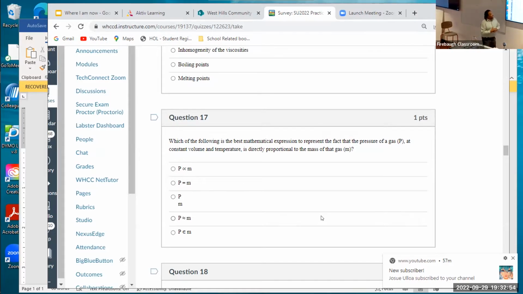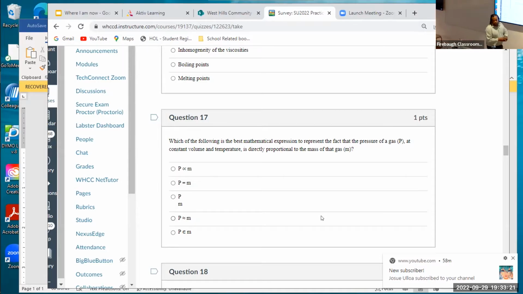Let's see, which of the following is the best mathematical expression to represent the fact that pressure of a gas, P, at constant temperature, and T is directly proportional to the mass. So you said the first one, that is correct.